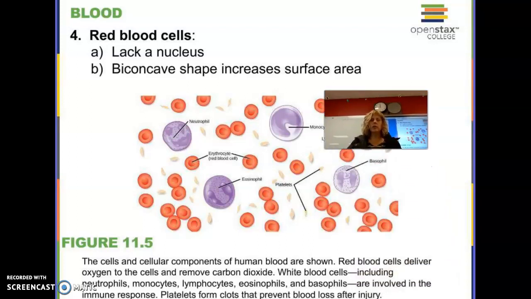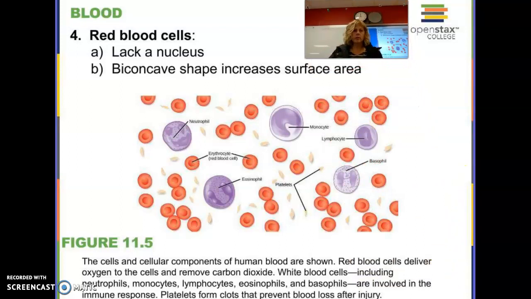I'm going to move this so we can read that bottom part. I think this is the same visual that I showed you in the tissues chapter where we see the different kinds of cells. Notice that the white blood cells, so neutrophils, monocytes, lymphocytes, and so on, are much larger than the red blood cells.